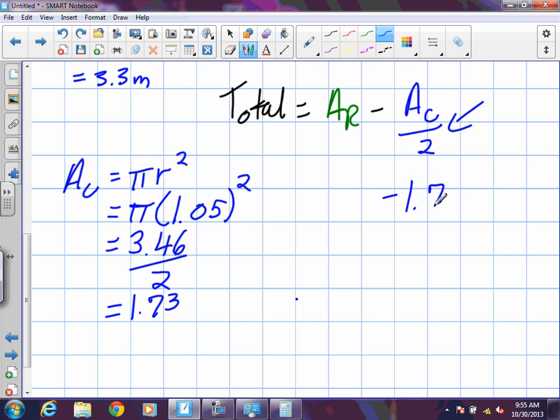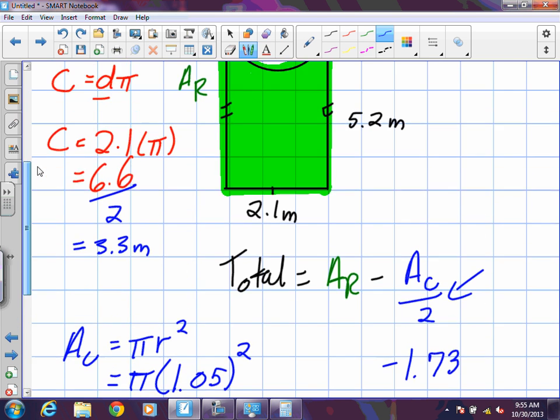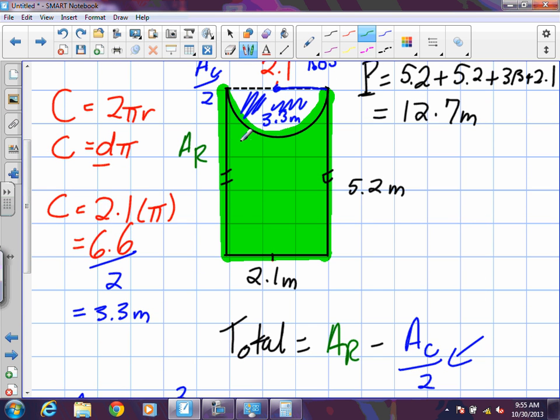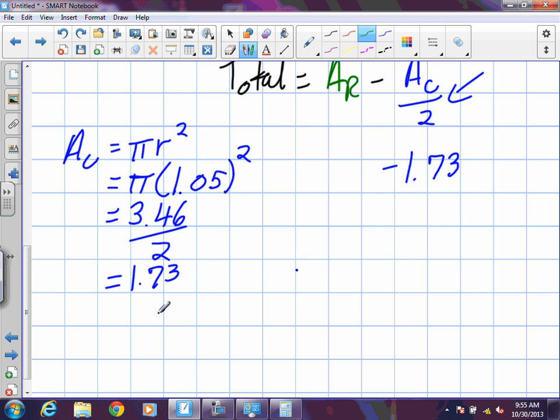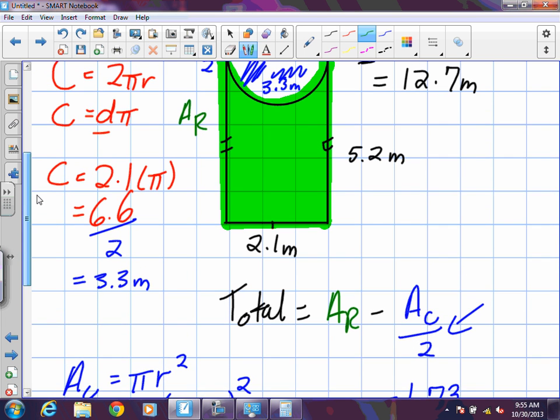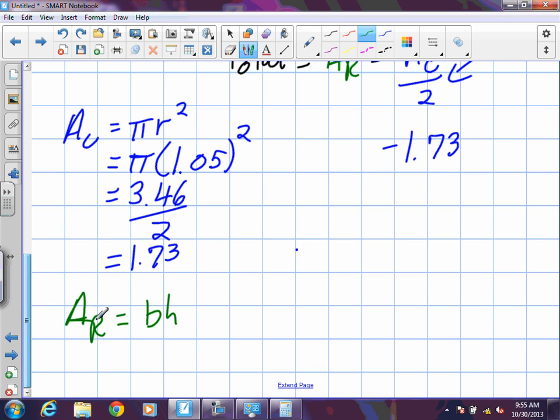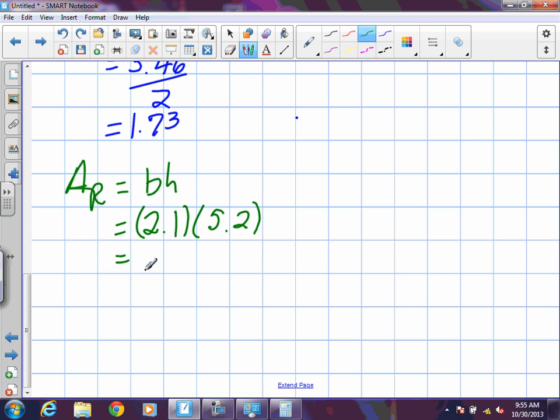Okay. Area of a rectangle. How do we find the area of this rectangle here? That's right. Just our length times width. So our area of our rectangle, and we'll call it base times height. What's the base and the height here? Yeah, 5.2. So we take 2.1 multiplied by 5.2. 10.92.